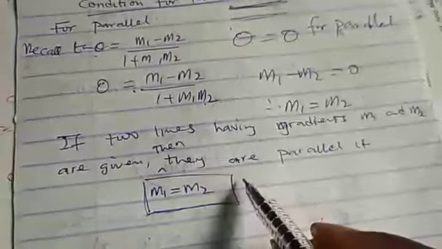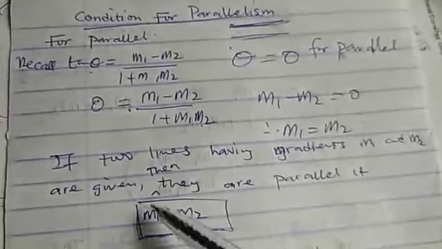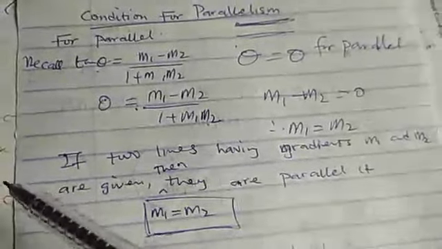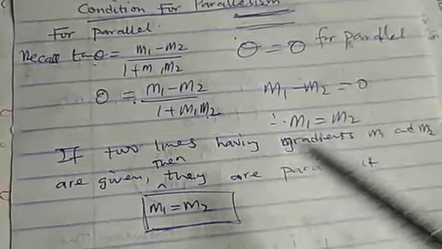So it's a condition. Anytime they say that two lines are parallel, you should always know that their gradients are equal. m1 is the gradient of the first line, m2 is the gradient of the second line. Then they are equal. So we should take note.